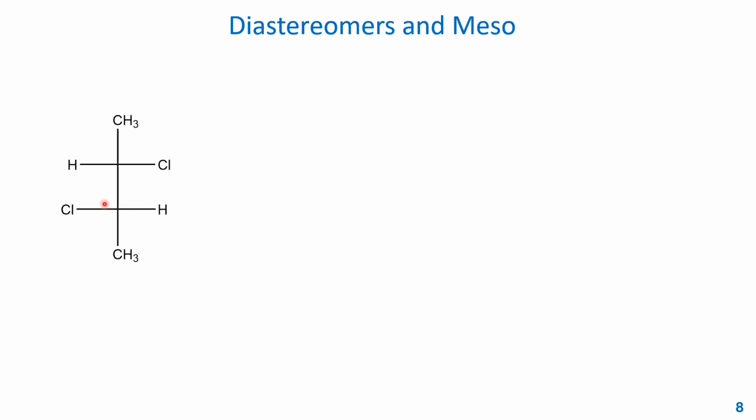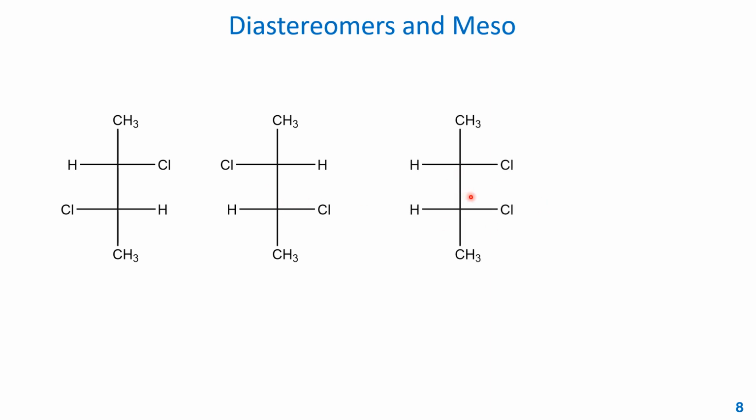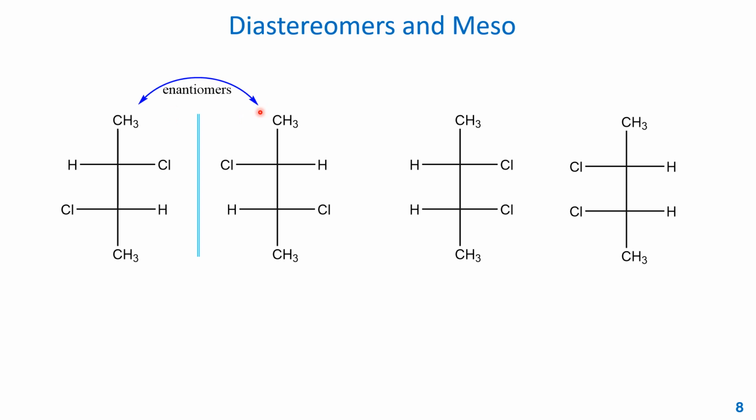More examples here. That's another Fischer projection. Now this time we have a dichloride. You will see it's a little bit different from the previous examples. The mirror image we draw, and then the other possible stereoisomer, another one. Now you can see these two are mirror images, and they are enantiomers, no problem.